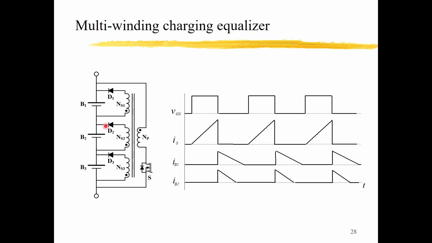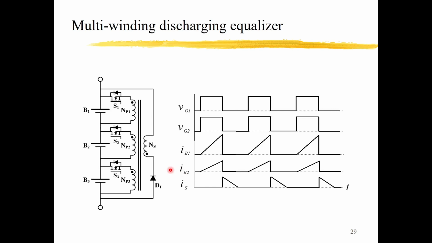So the energy is transferred from the whole string by this transformer, and then transferred more to the lowest SOC batteries. By this way, we can achieve the balance of the battery cells. We can say this is a string to cell equalization mechanism.